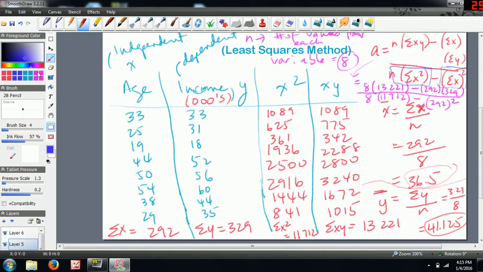Okay, so when we plug everything in, so here we've got the sum of x, so sum of x all squared. When we do that, now you just use BEDMAS, just multiply, and first multiply 8 times 13,221 minus, and then multiply these two.